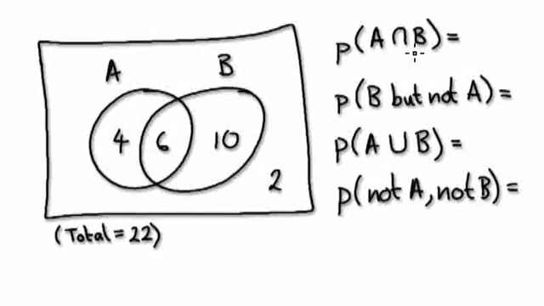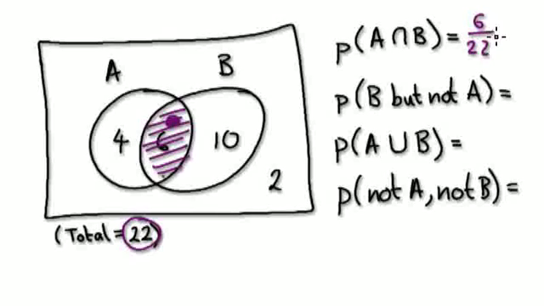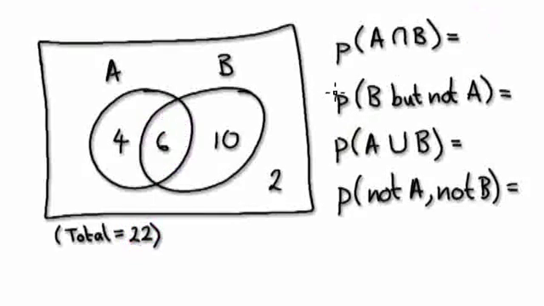Okay, so the probability of A and B would be the intersection of the two, so anything from this segment here. It would be 6 over 22, and then you could simplify if you want. Next one: what is the probability of B but not A?